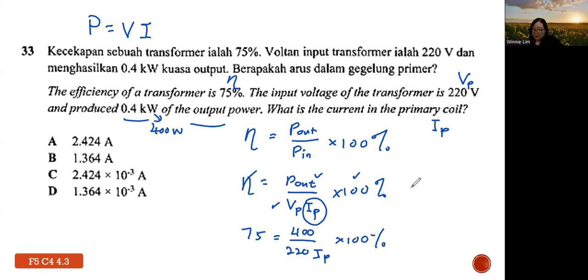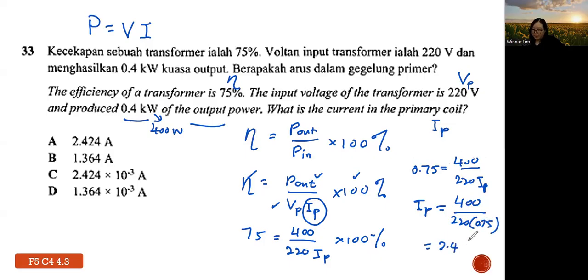Move it across, so you have 0.75 equals 400 over 220 IP. Then IP swap with 0.75. Then you get your answer, supposedly 2.4 ampere.